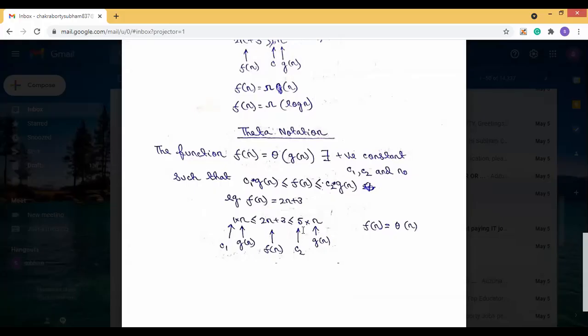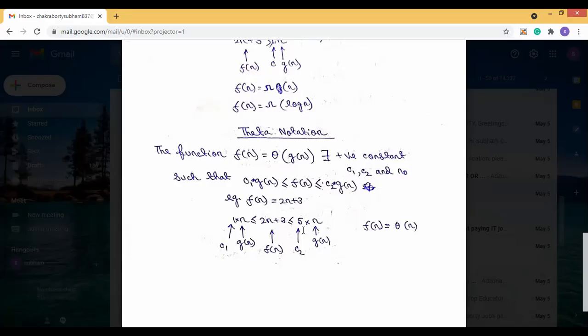We are not able to consider other functions, like in case of upper bound we consider n log n, then n square, and in case of omega notation we consider log n and root n, both we can consider. But in case of theta notation, the average condition is based on the n value. Average condition n is the average bound.